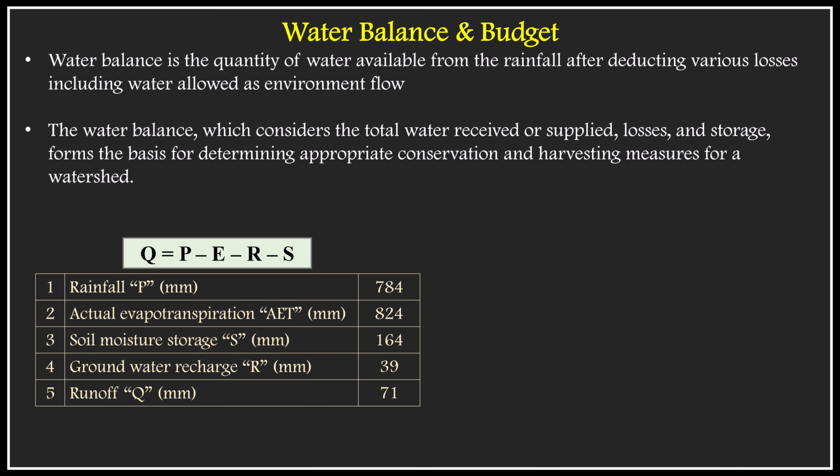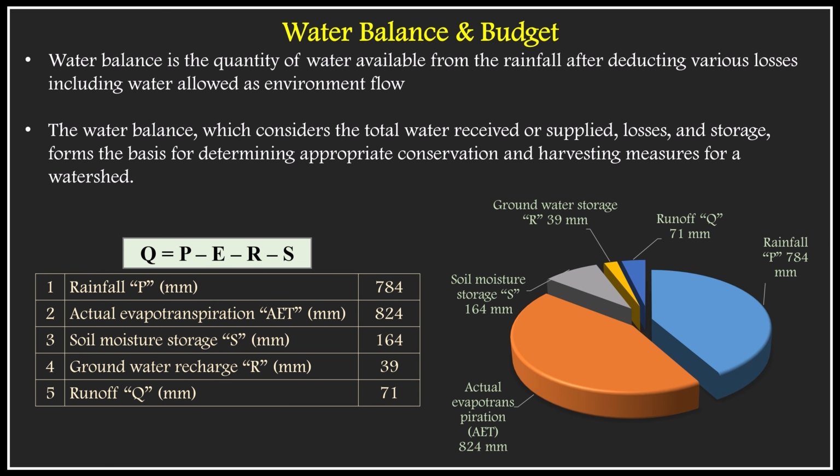Water balance and budget. Water balance is the quantity of water available from the rainfall after deducting various losses. If you look at the table, out of the total 784 mm rainfall, only 71 mm is lost as runoff, and the same is depicted in the graph.